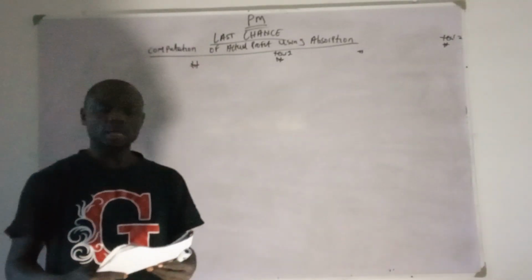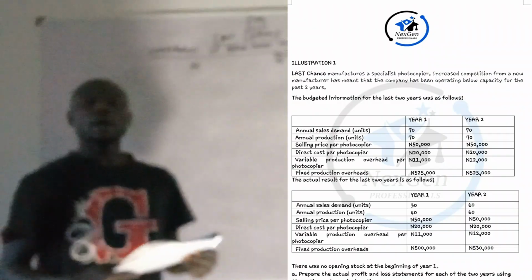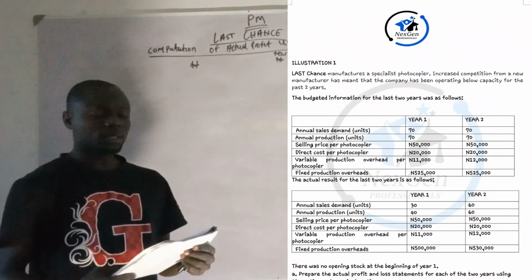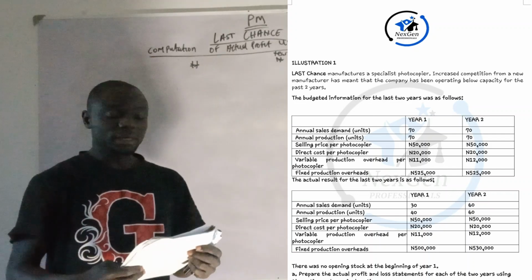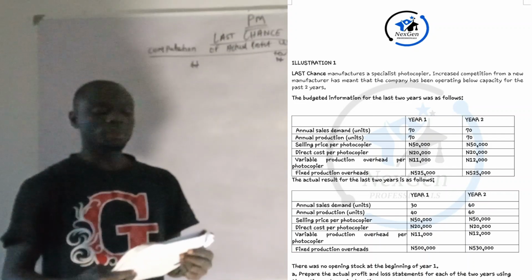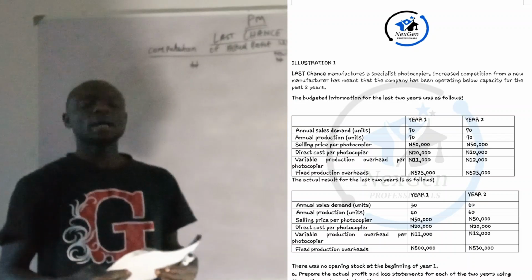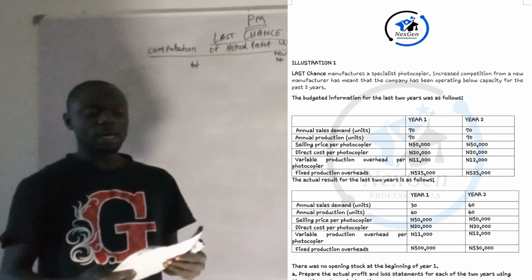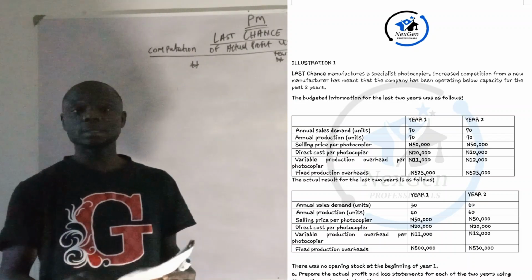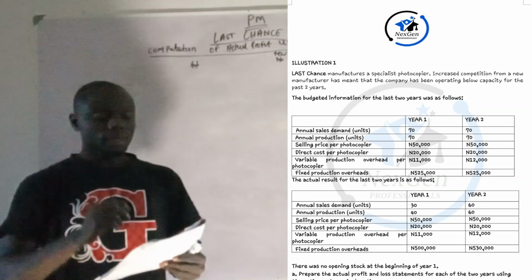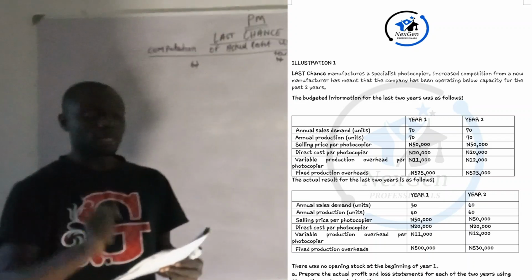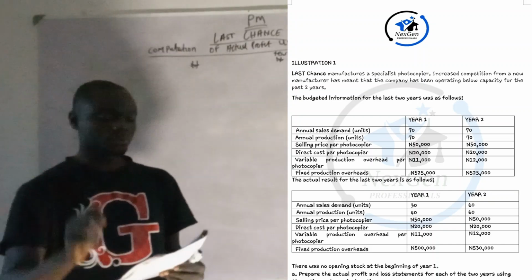Now, let's quickly look at the question here. Last Chance manufactures a specialist photocopier. Increased competition from a new manufacturer has meant that the company has been operating below capacity for the last 2 years. The budgeted information for the last 2 years was as follows.